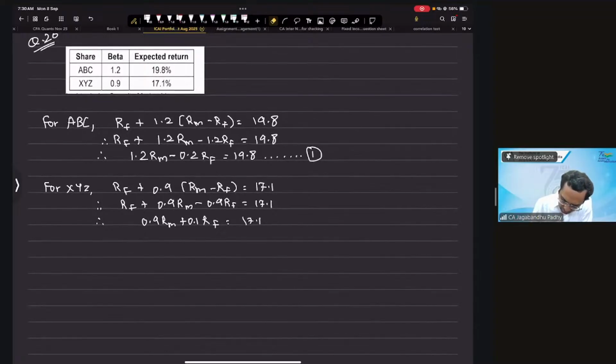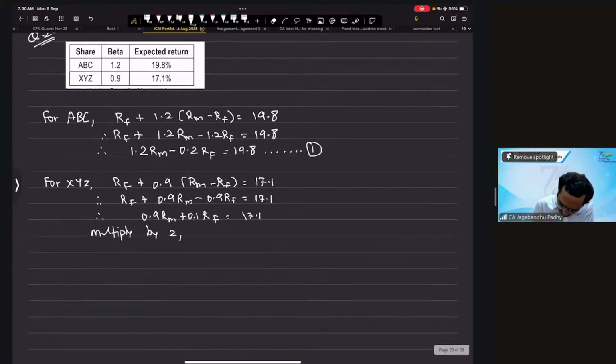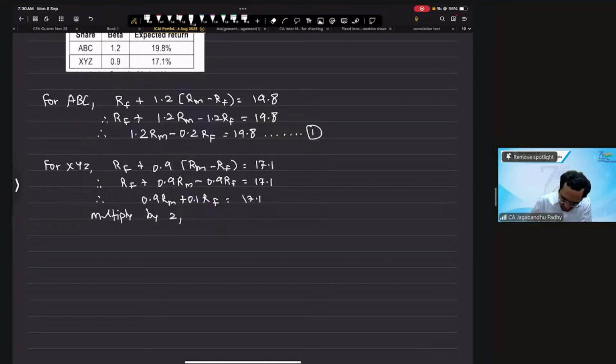To make it easier to solve, we can multiply this by 2. So this is going to be 1.8 RM plus 0.2 RF is equal to 34.2. So this is equation number 2. Try to solve both of these equations and get the values of RM and RF. Simultaneous equations, I hope you're aware of it.